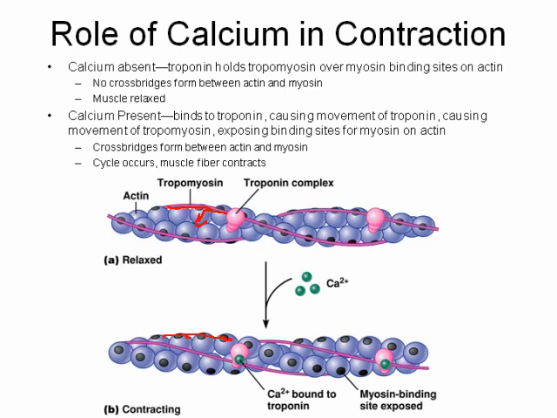It is shifted from this position to this position, exposing all of these myosin binding sites. And this, of course, by exposing the binding sites on the actin for the myosin, is going to allow cross-bridge formation, and it's going to allow the cross-bridge cycle to occur and contraction of the muscle.